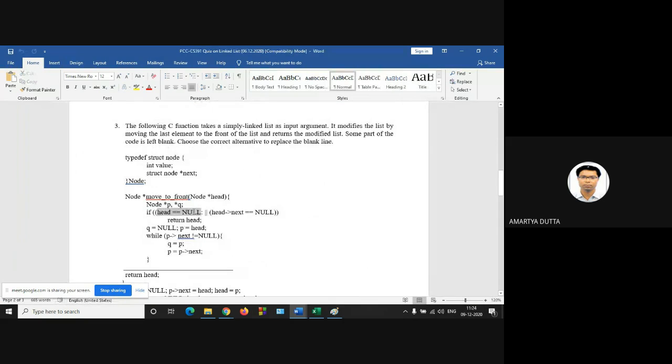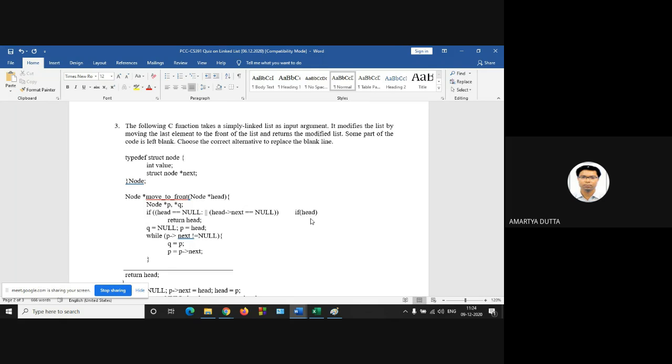Now, if head is equal to null, it means the list is empty. So if head is equal to null, this can also be written in this form: if not head.